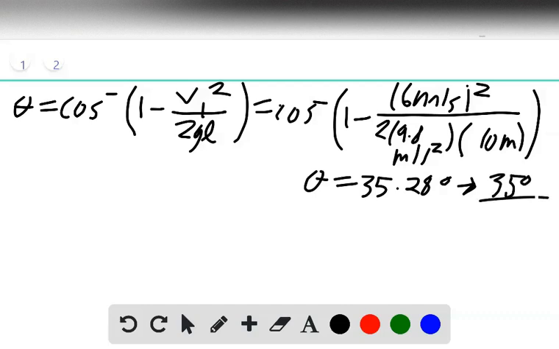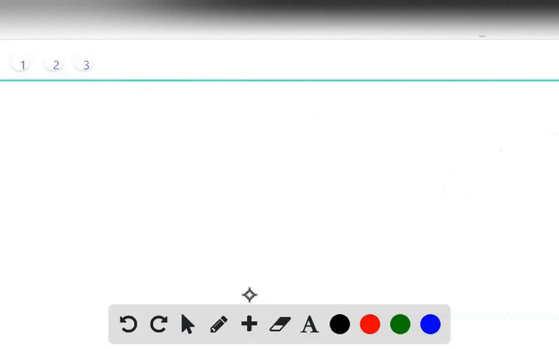Okay, so now part B of this question asks us to find the tension in the rope when he releases. At the release point, the speed is 0, so there's no radial acceleration, because radial acceleration equals v squared over r.